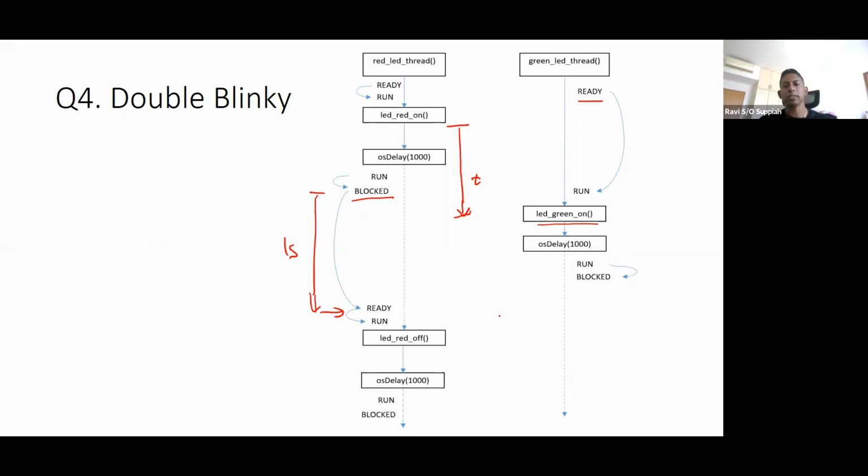So when I come out of the osDelay, I will turn off the red LED first. So there will be a short period of time where only the green is on. When the osDelay finishes its 1 second, then the green goes off. But because it is so fast and the time difference is so small, you see it as being together.